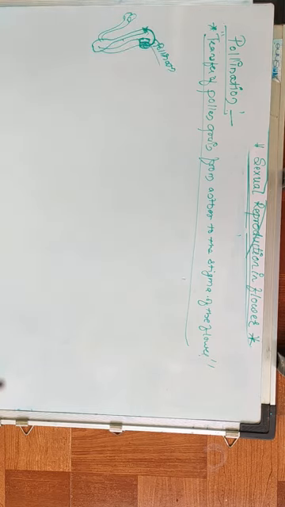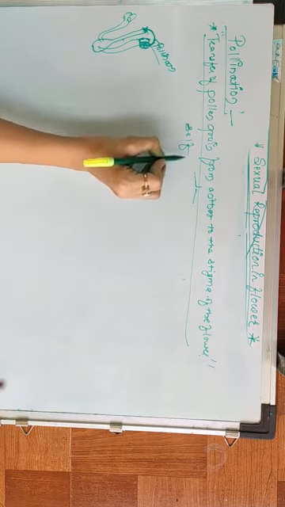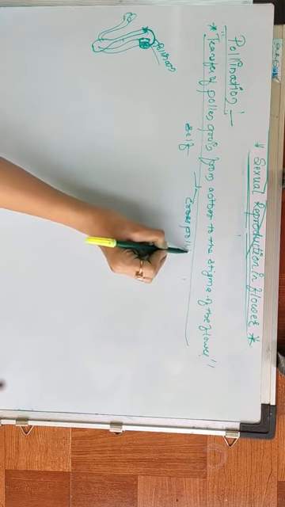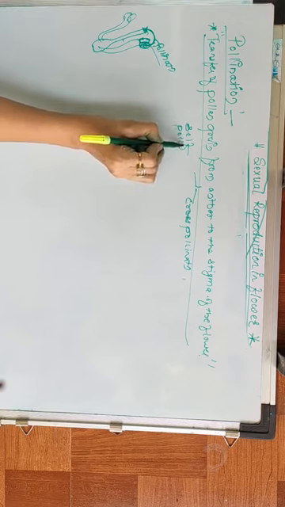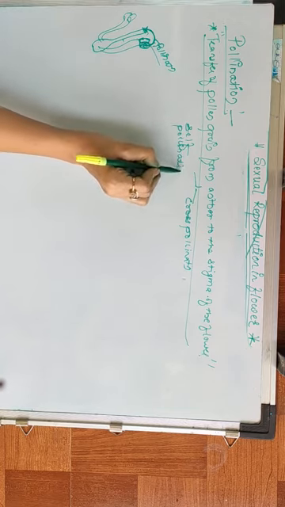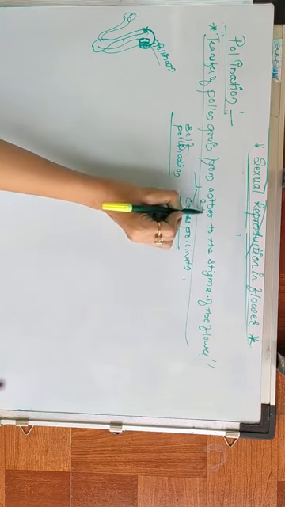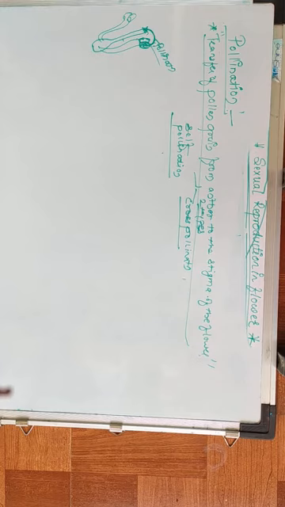Basically, there are 2 types of pollination, self-pollination and cross-pollination.